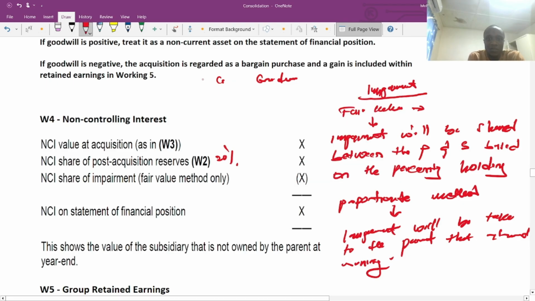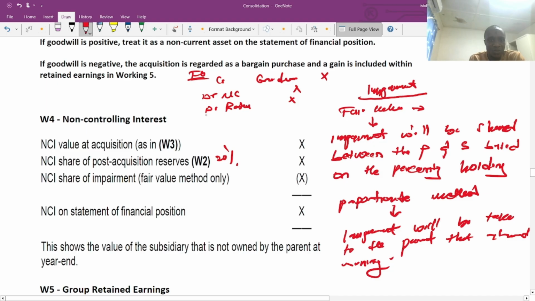Let's assume we are going to use the fair value model. We are going to debit the NCI and we are going to debit the retained earning. Credit goodwill, debit NCI, and debit retained earning to account for the impairment.